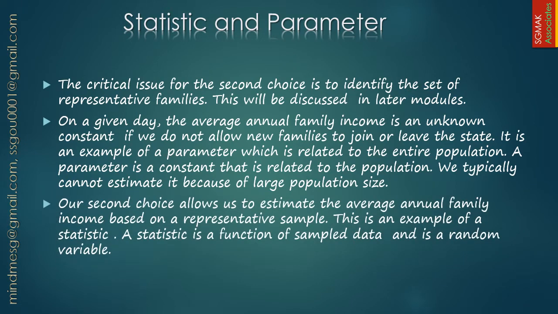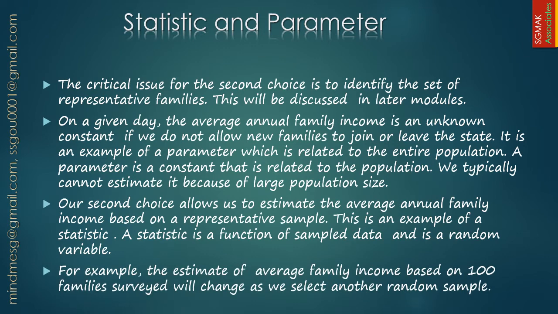Our second choice allows us to estimate the average annual family income based on a representative sample. Now, this is an example of a statistic. A statistic is a function of sample data and is a random variable. Once again, a statistic is a function of data that you have collected and is a random variable.